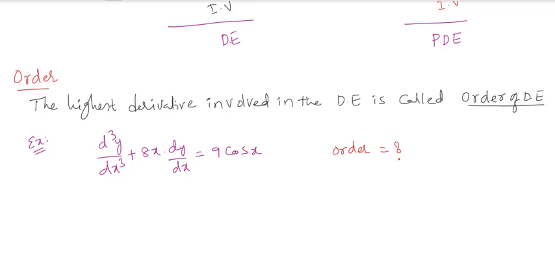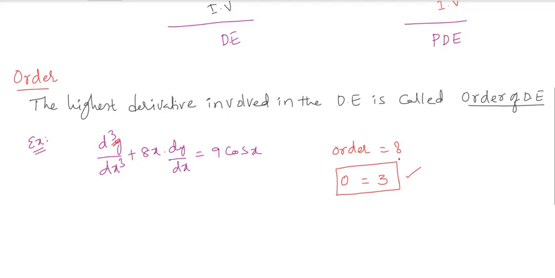The highest derivative involved in the differential equation. Here the highest derivative is third order. So the order for this differential equation is 3. Clear with my point?